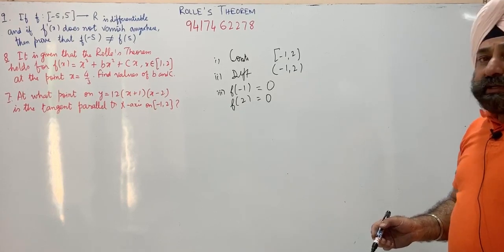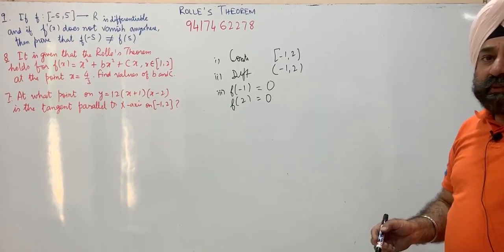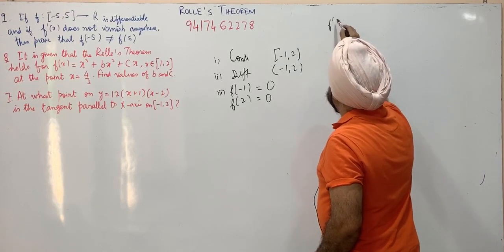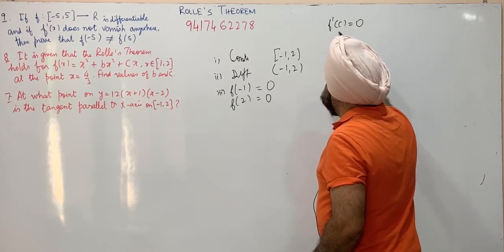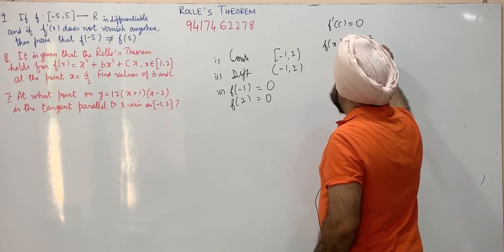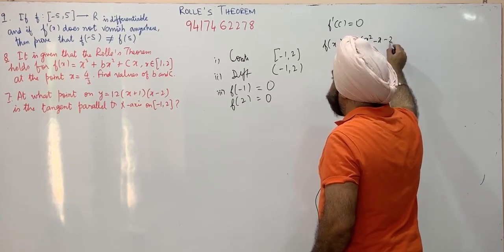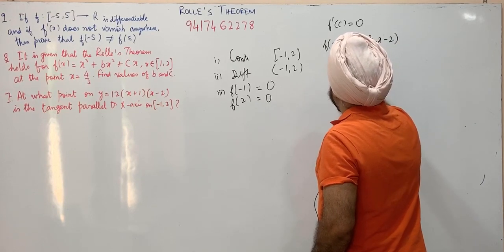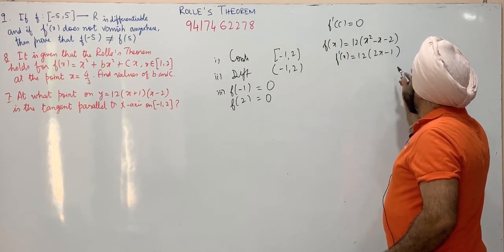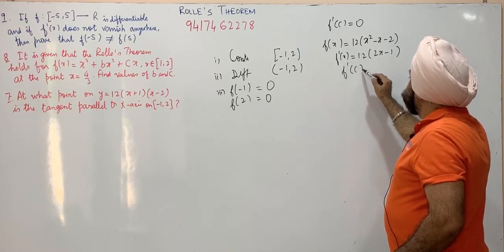If all the conditions of Rolle's theorem are satisfied, then Rolle's theorem is applicable to the function, according to which f dash of c is 0. Let us write f of x. It's 12 into x square minus x minus 2, and f dash of x is 12 into 2x minus 1. F dash of c is equal to 0.